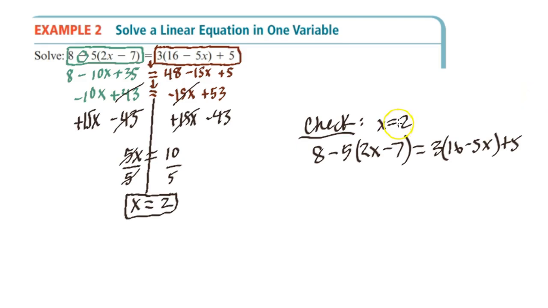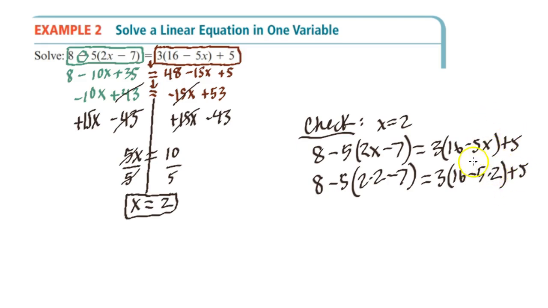And I'm just going to put the 2 in for the x. I'm substituting x equals 2 into the original equation. So I'm going to write everything identical, but I'm going to substitute x with 2.